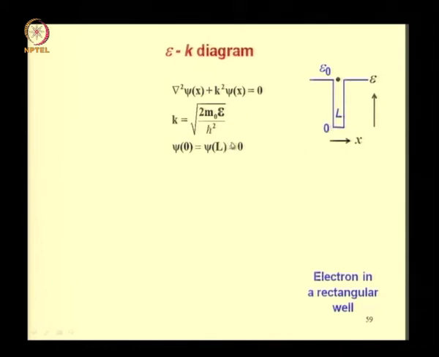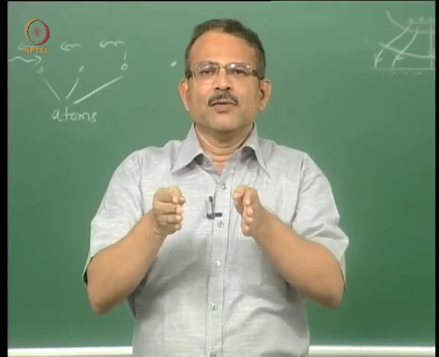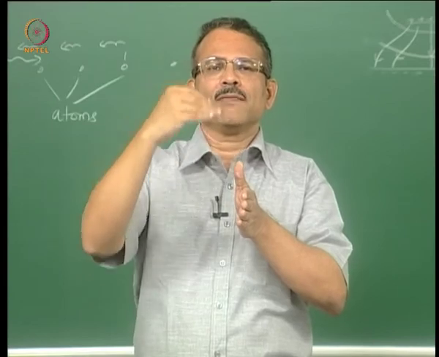When it is infinite, it will be exactly 0. So this equation has to be solved subject to this boundary condition, and this boundary condition is very important, because as we will see, it says that the wave function should go to 0 at the two ends of the well, which gives rise to quantization of energy and momentum.